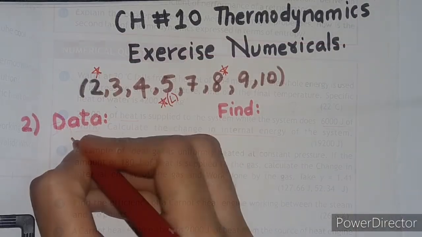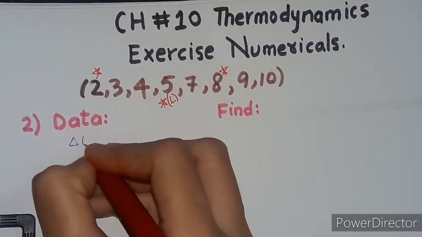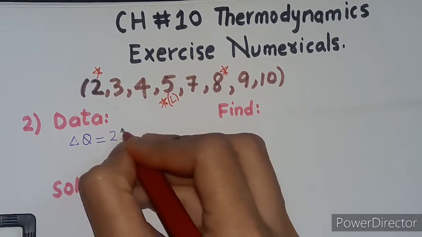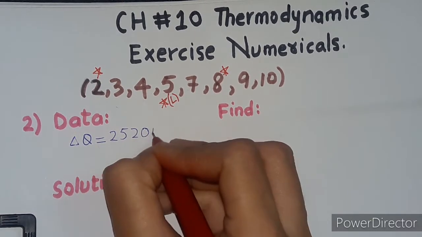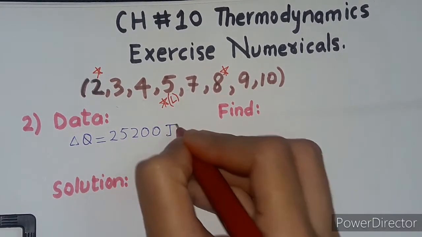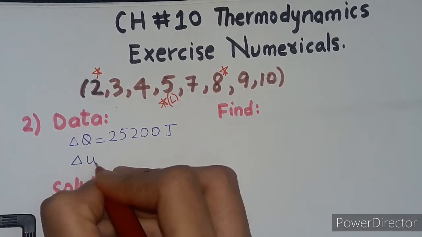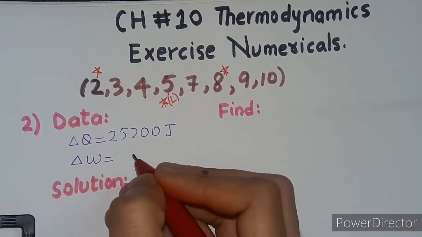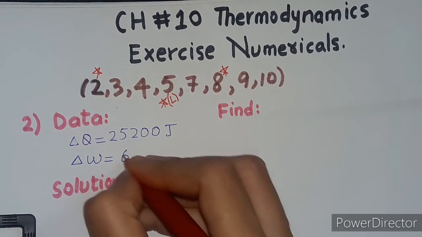We are given the change in heat, 25200 joule. We are given the work done, which value is 6000 joule.